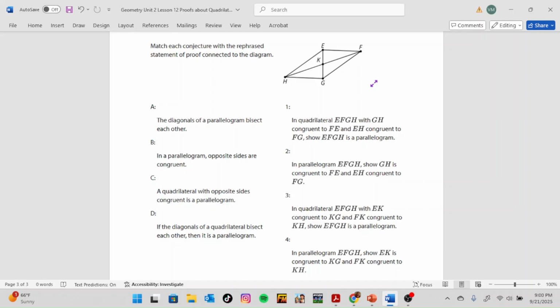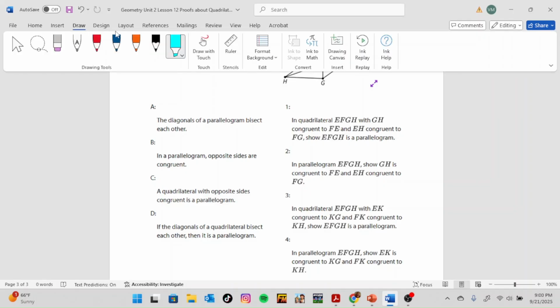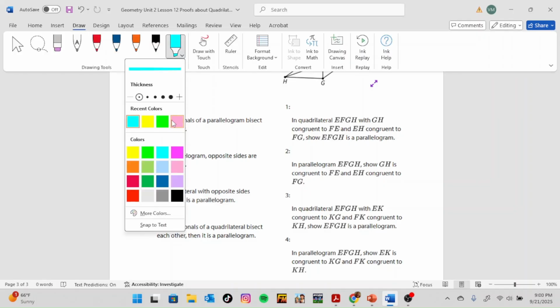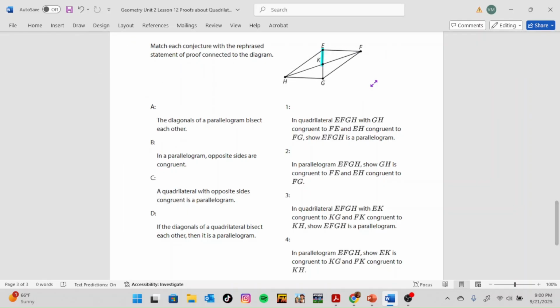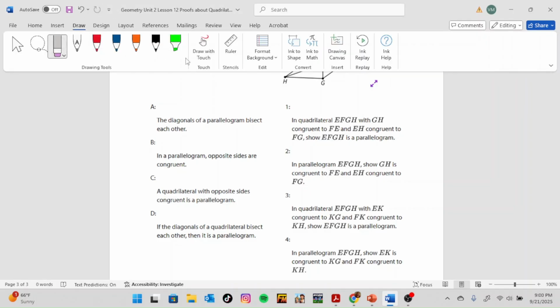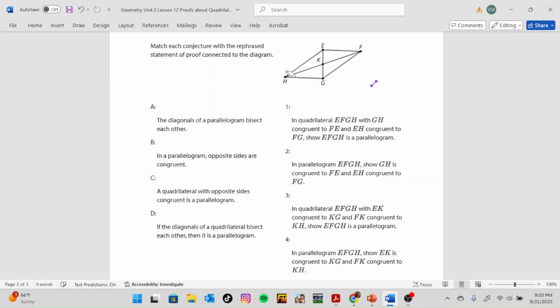Number 3, in quadrilateral EFGH, with EK congruent to, actually, let me just use a line.